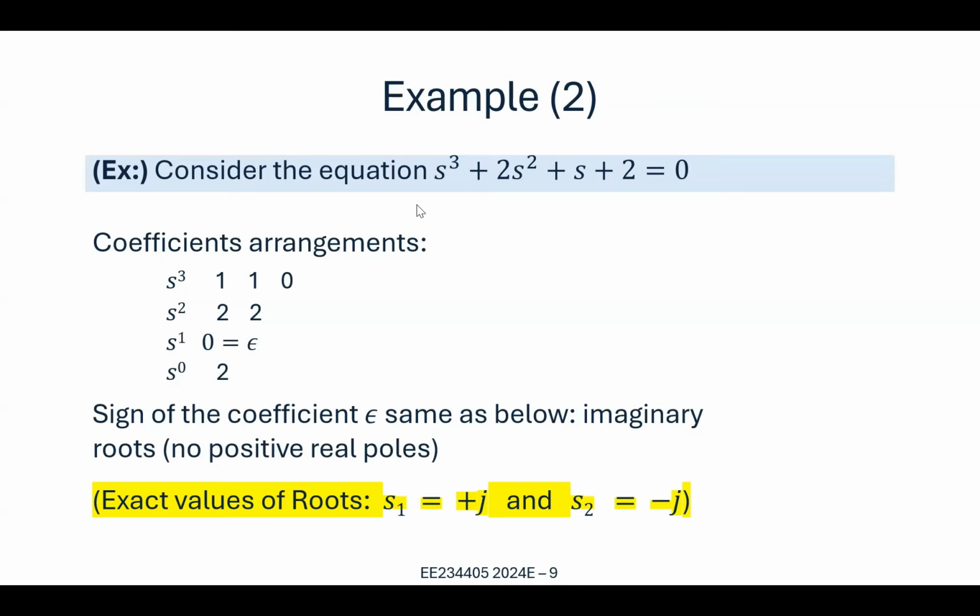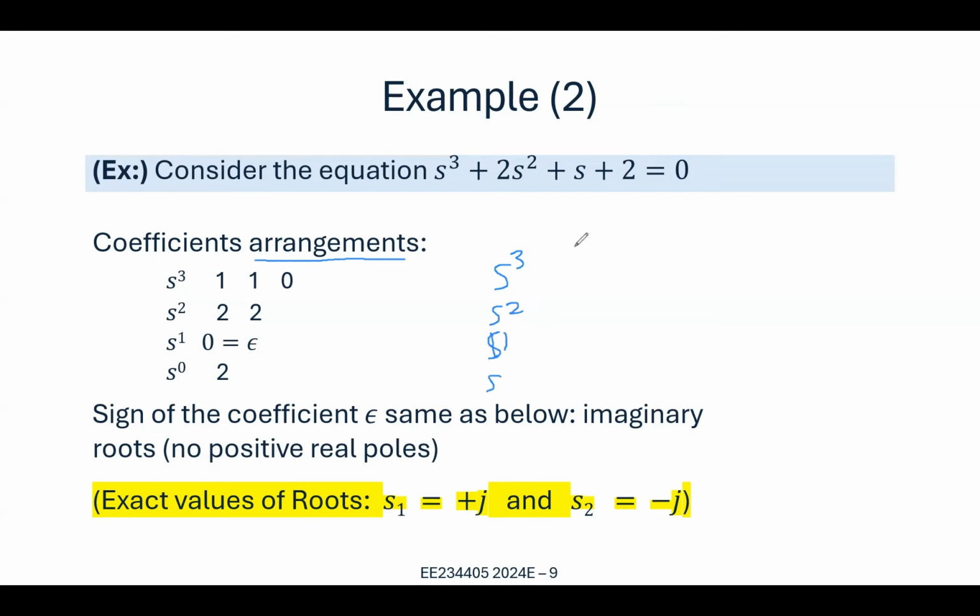So now we have the equation s to the power of 3 plus 2s squared plus s plus 2. Again we arrange the coefficients so that we have s to the 3, s to the 2, s to the 1, and s to the 0.